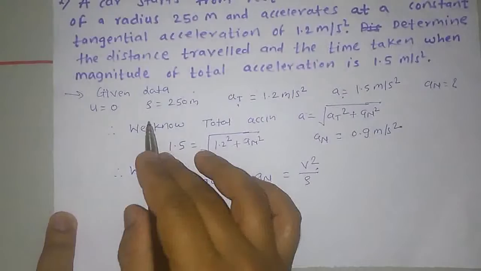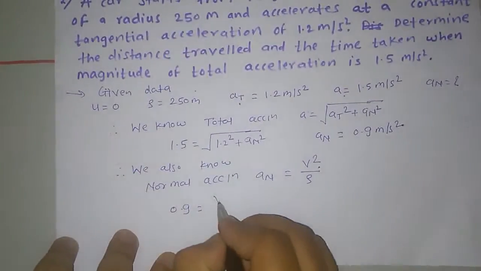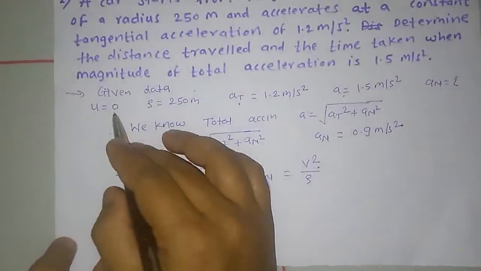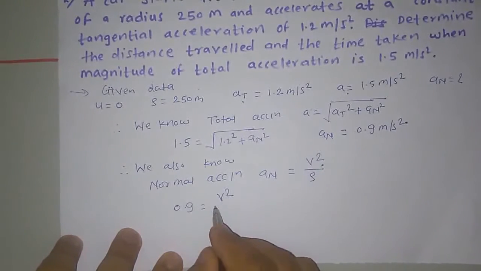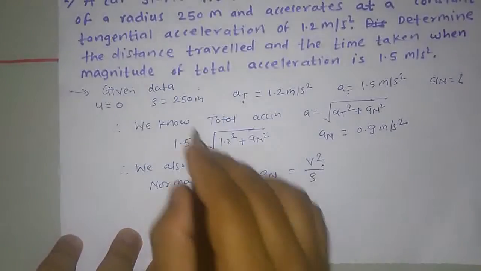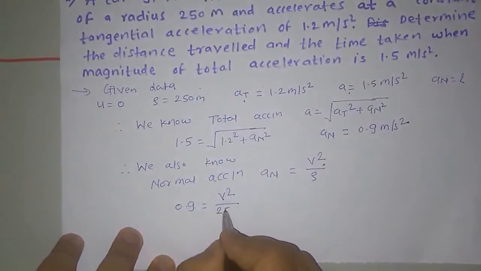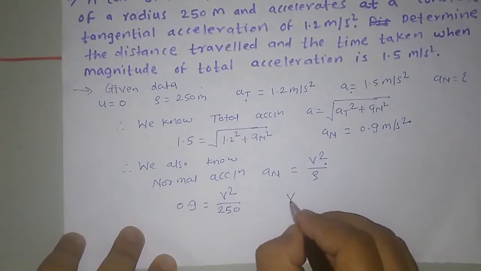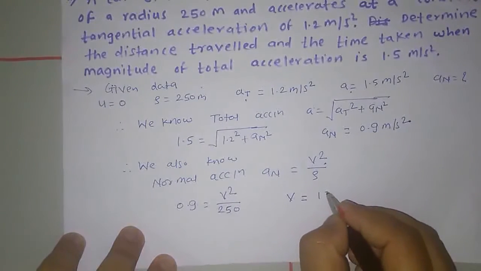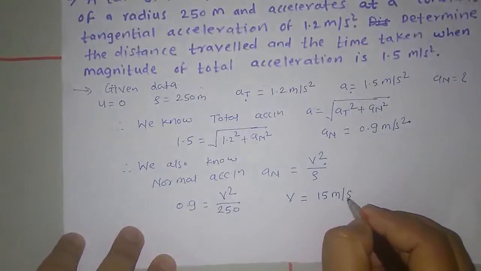Velocity we need to find. Here initial velocity is given. We need to find this velocity divided by rho, that is radius of curvature 250 meter, and by solving this you will get the velocity, that is velocity is equal to 15 meter per second.